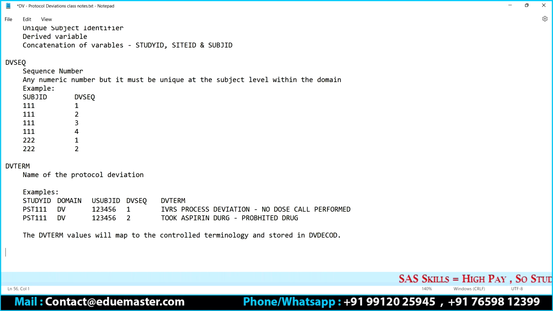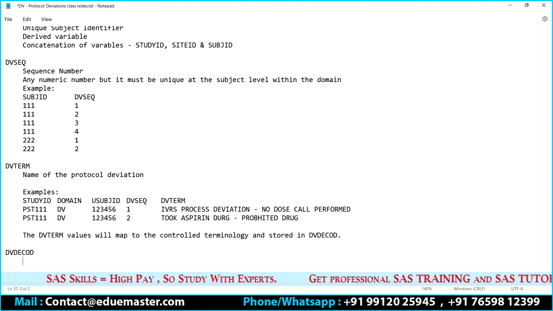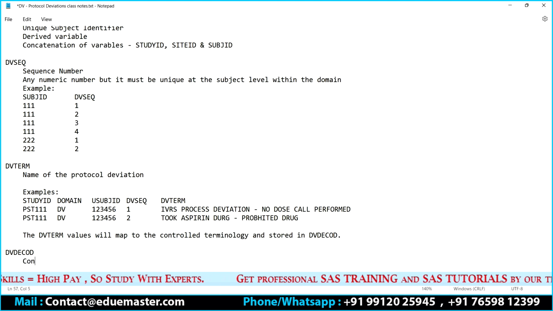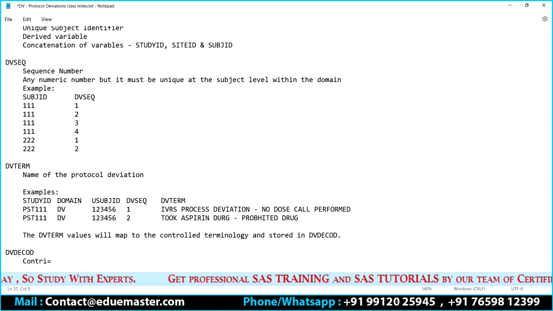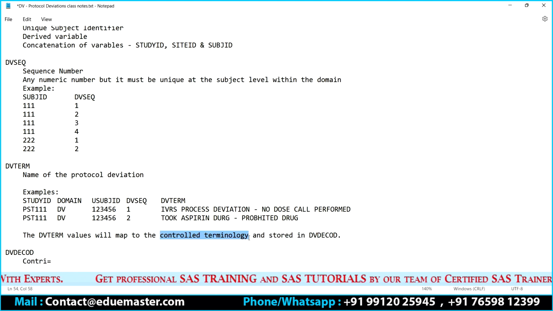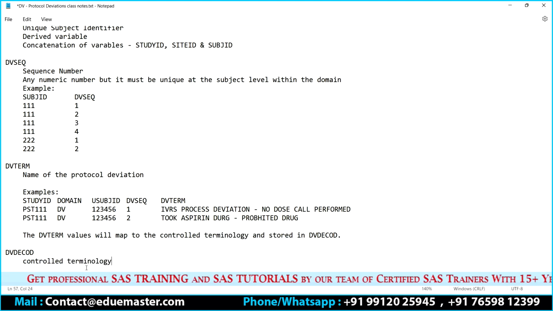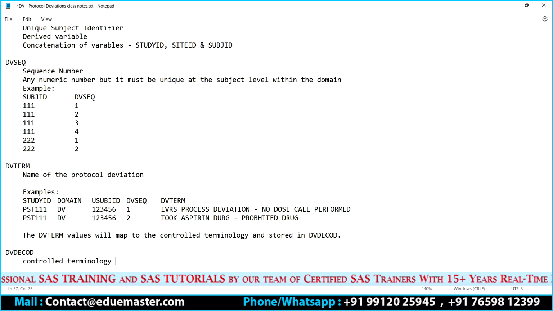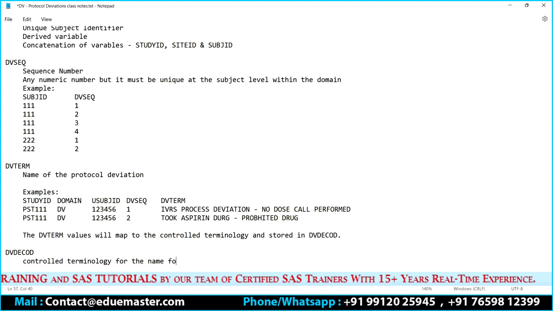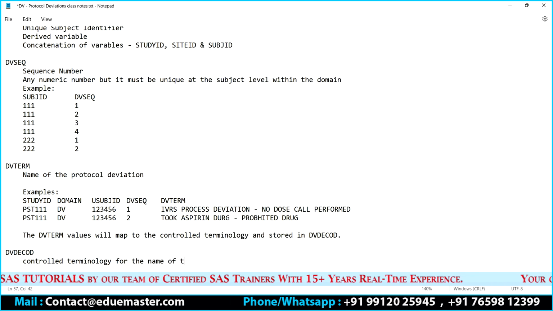So what is this DV decode? The DV decode is all about the protocol deviation coded term, or controlled terminology for the name of the protocol deviation.